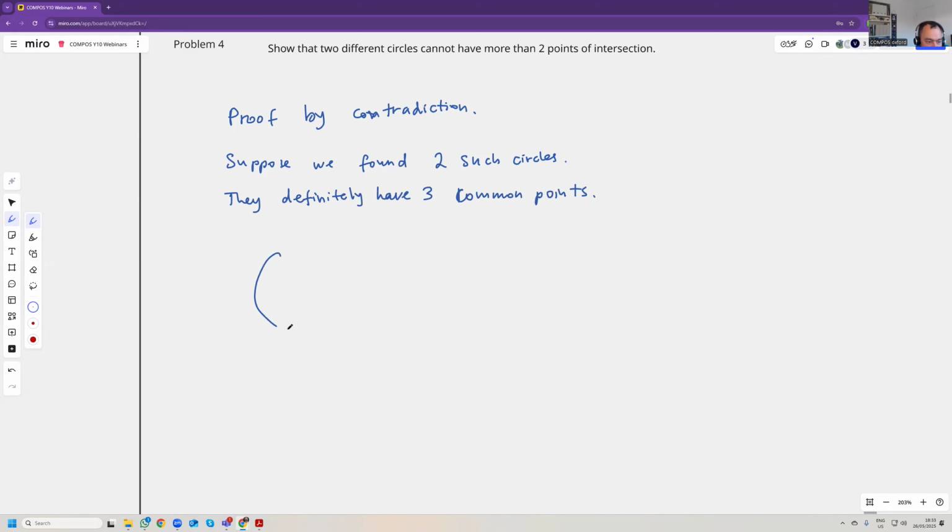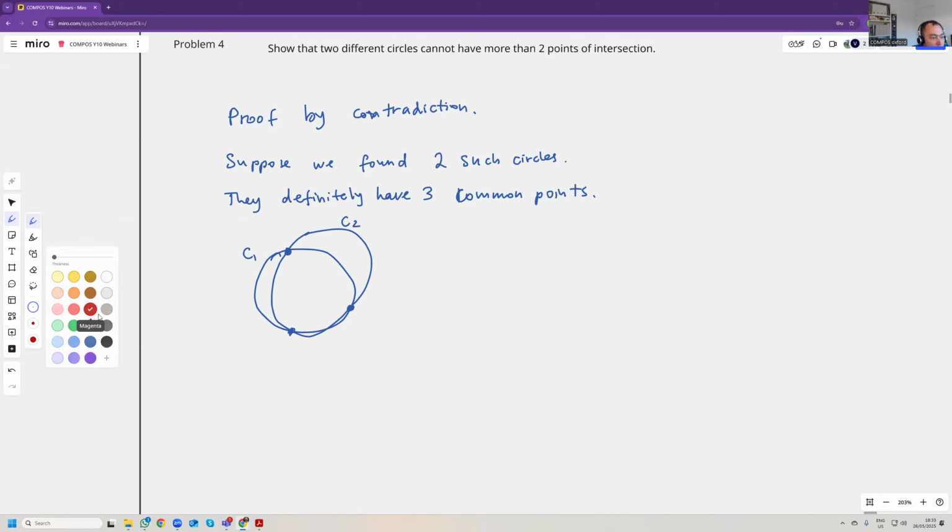Okay, so I don't know what this looks like. It's obviously impossible, but something like that, I would imagine. Okay. So 2 different circles, C1 and C2, and they have 3 common points.